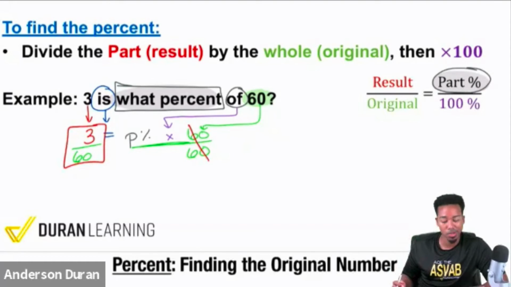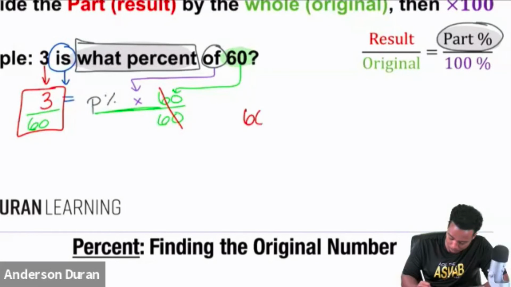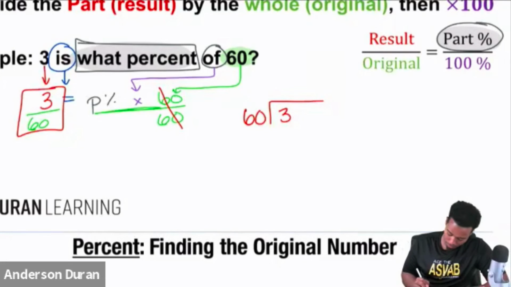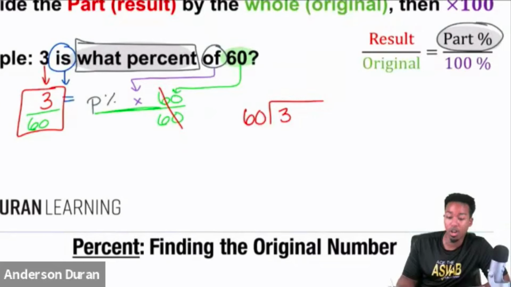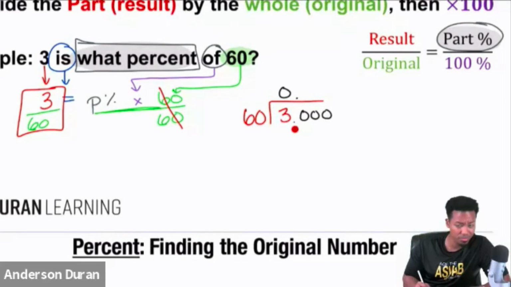Let's take care of business, everybody. 3 divided by 60. Can 60 go into 3? No. So we'll have to include some decimal places here. If you're not familiar with this, I got you. We put a decimal place and some zeros. Does 60 go into 30?